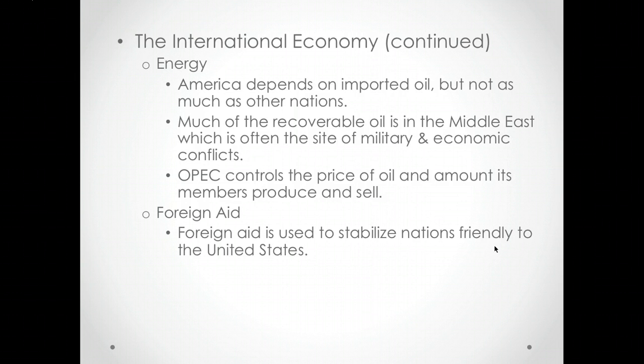Foreign aid: we give aid to our friends. Most people assume that this is a much larger percentage of the budget than it actually is. Our number one beneficiary of foreign aid is the state of Israel, which receives about $30 billion a year.